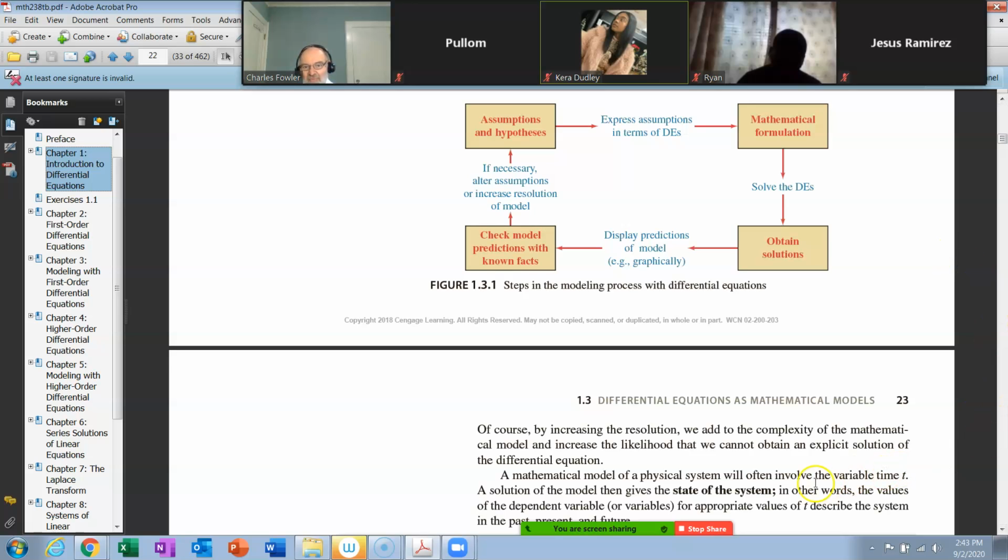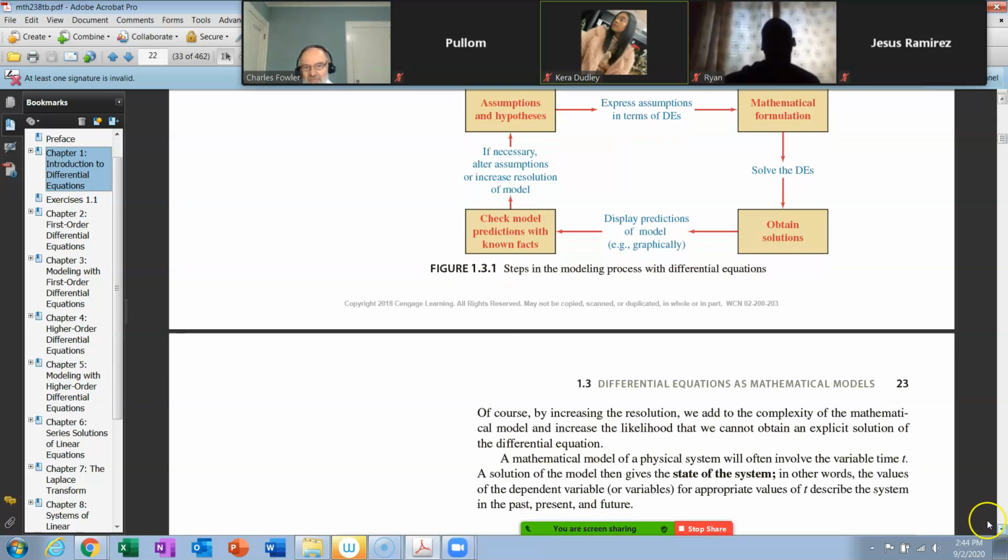Okay, the mathematical model of a physical system will often involve the variable time. That's usually the rate that we're dealing with, the time rate. Solution of the model will then give the state of the system. In other words, the value of the dependent variables, y or whatever, for appropriate values of time. That describes the system in the past, in the present, and in the future.